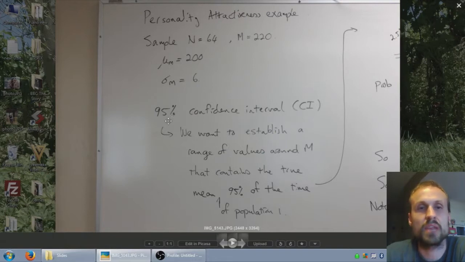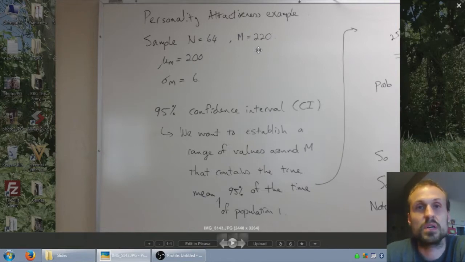So when I talk about a 95% confidence interval, we're mainly going to focus on 95%. We want to establish a range of values, an interval, around my sample mean so that it contains the true population 1 mean 95% of the time. With 95% confidence, I'm trying to capture the mean. Now, I don't know what population 1's mean is, what the new population mean is.